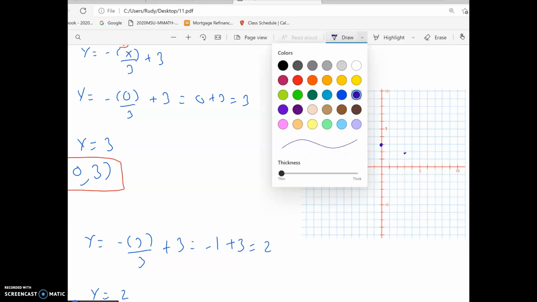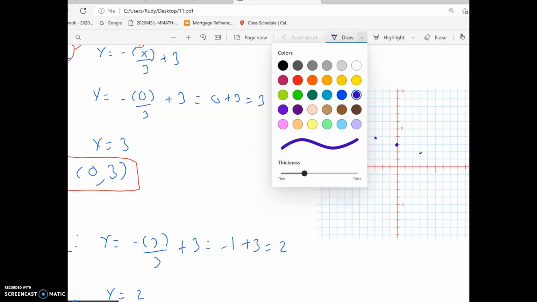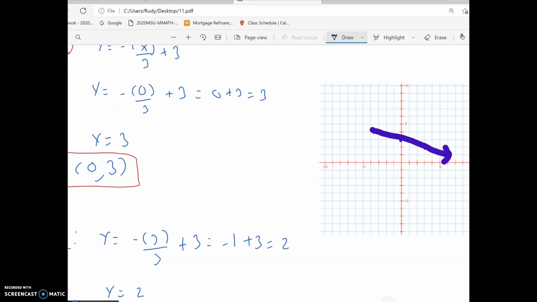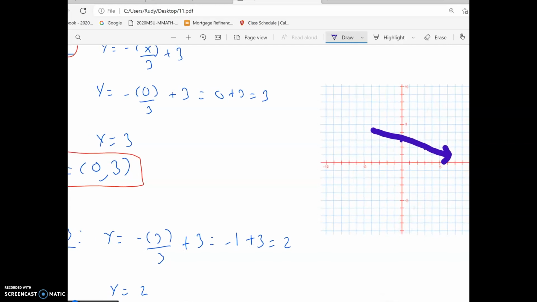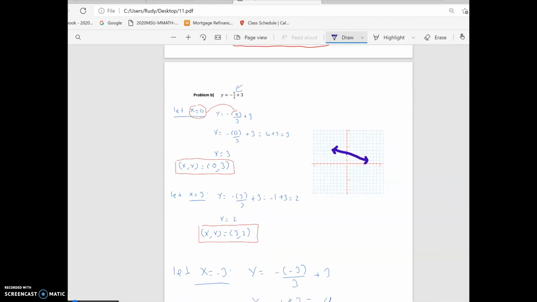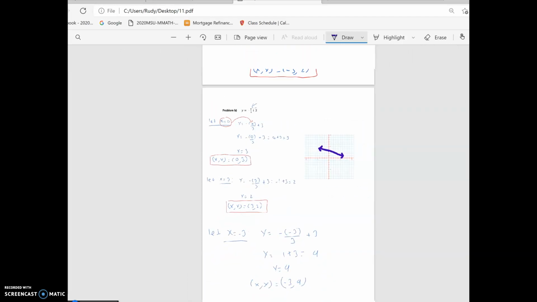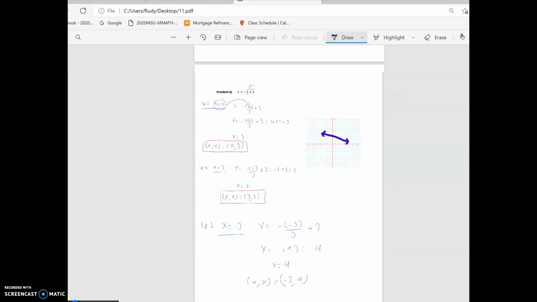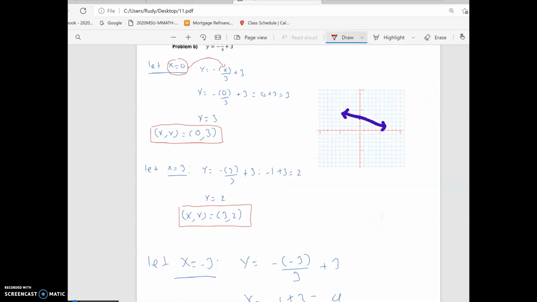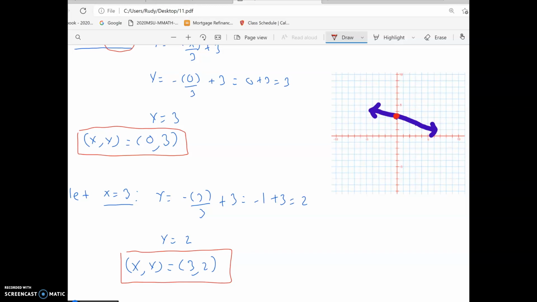Let me draw the line a little bit thicker so that it goes through the points. In this case, this is our line. I'm just putting it a little bit thicker because I don't have a ruler with this software, but nonetheless, you can see here the original coordinate point of (0, 3), which is here.